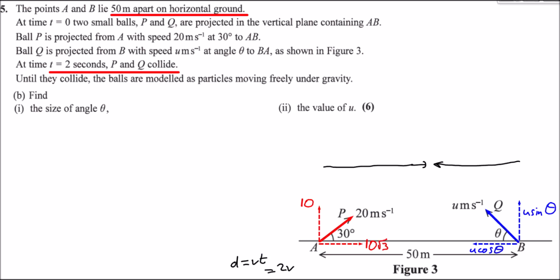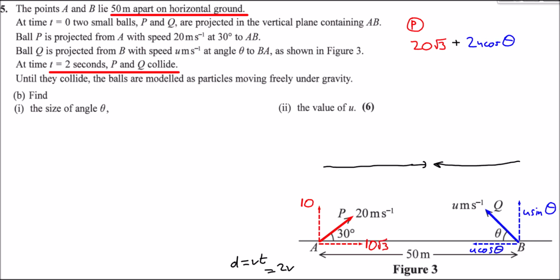So we can get an equation from this. So considering P, the distance that will travel in 2 seconds will be 10 root 3 times 2, which will be 20 root 3. Then if I consider how far Q would have travelled, its horizontal component of speed is u cosine theta, so that multiplied by 2, because it's 2 seconds, that's going to be 2u cosine theta.